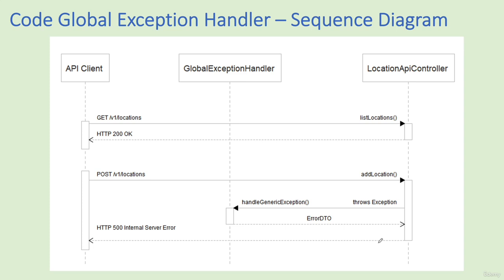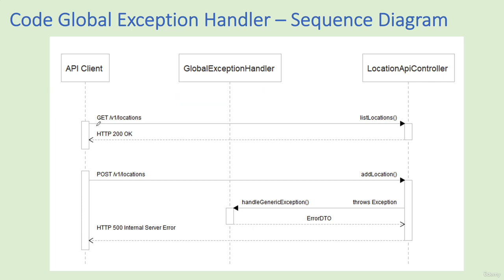Before writing code, let me explain how a global exception handler works. So in this sequence diagram, you see the global exception handler class sits between the API client and a REST controller, for example, LocationApiController. And let's see the first example.